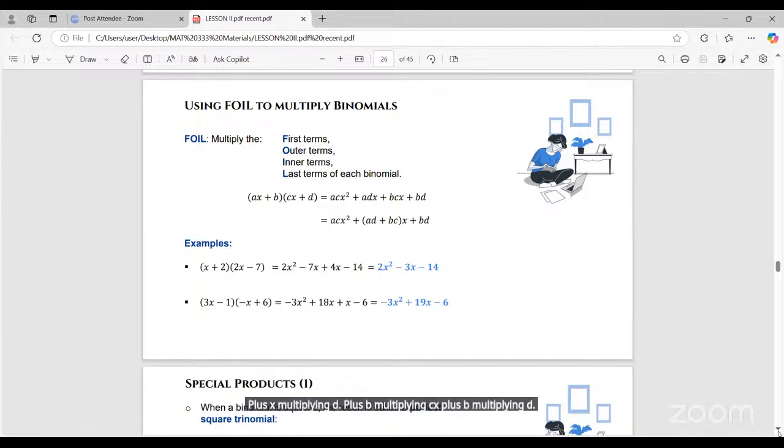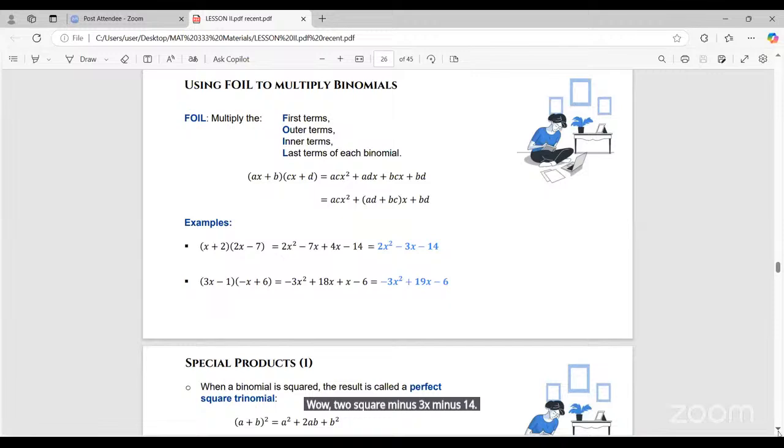After that, you select like terms and combine. For example, x plus 2 multiplying 2x minus 7 gives 2x squared minus 3x minus 14.